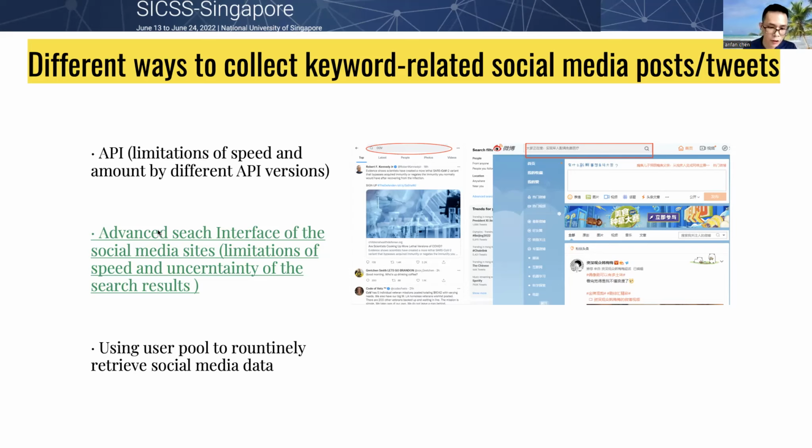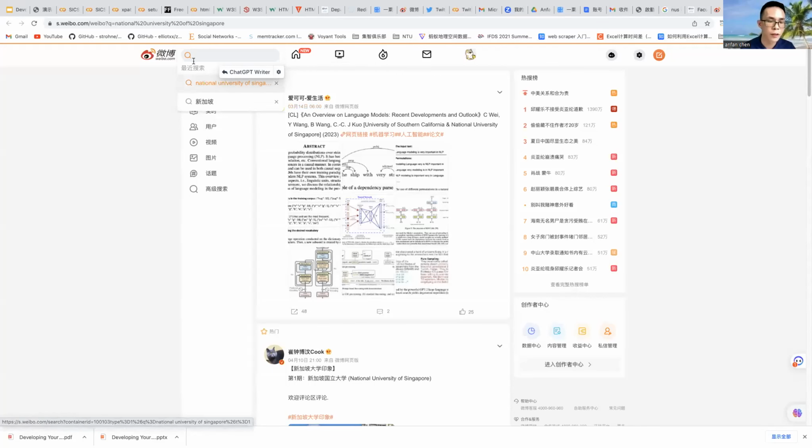Now there are 386 results from Weibo related to NUS, but it is in the English characters. If we put the most commonly used Chinese characters... Oh, sorry. You can now see my screen. Okay, this one. So you can see that.